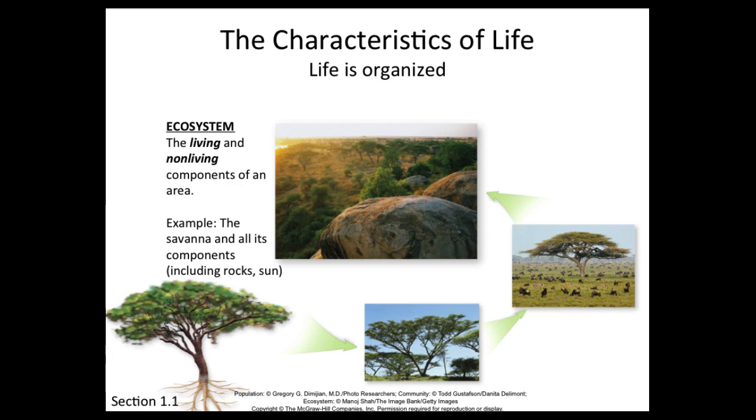The ecosystem is both living and non-living components of a given area. So living, that's things like plants and animals. But non-living, that's things like the rocks, the sun, the water. These components of an area that are essential for the functioning of that system, but they themselves are not living.